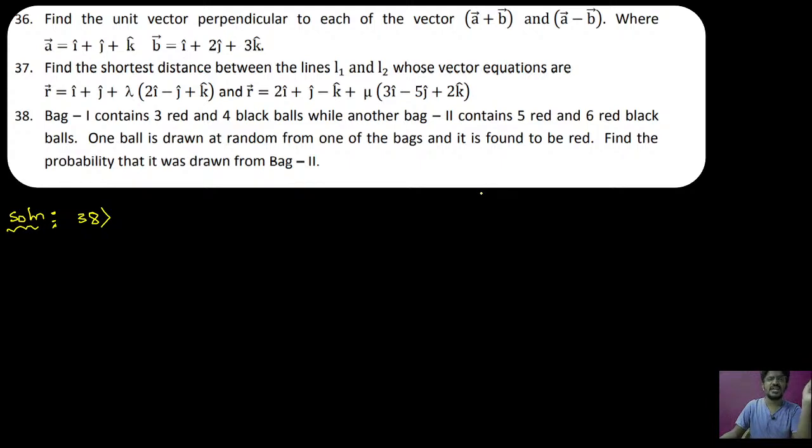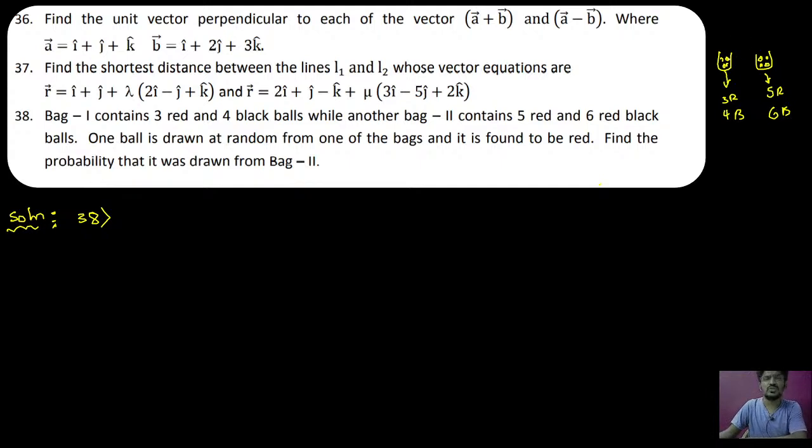Find the probability that it was drawn from bag 2. So see here, you have 2 bags. In the first bag you have 3 red, 4 black. In the second bag you have 5 red and 6 black balls.